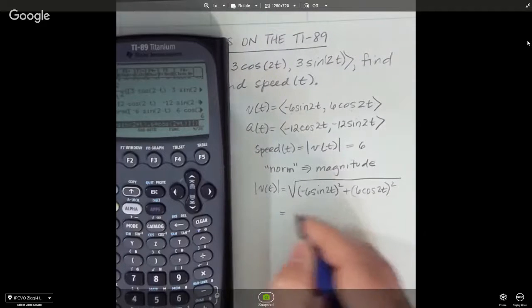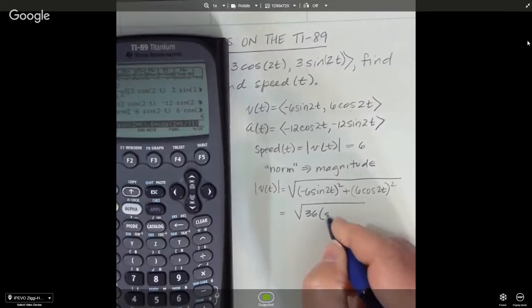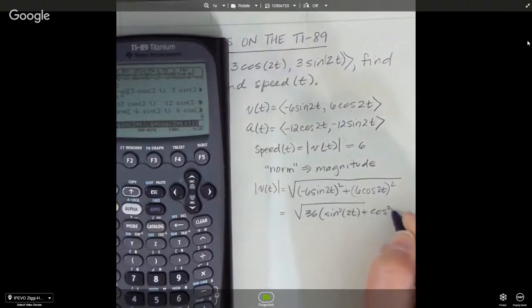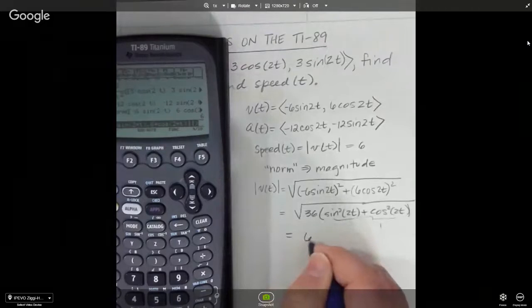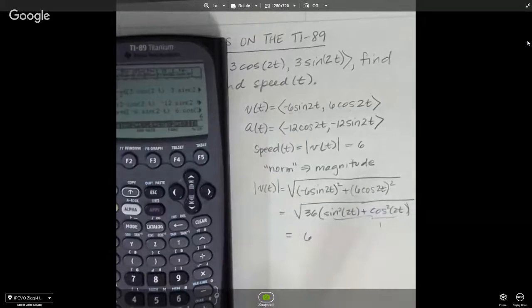If I factor out a 36, we get sine squared 2t plus cosine squared 2t. And we're very happy to see that because that, my friends, is equal to 1. So the square root of 36 is 6. And so we verified that the calculator actually does indeed do a magnitude.